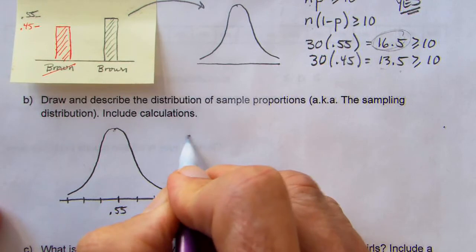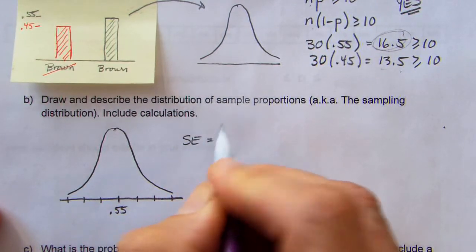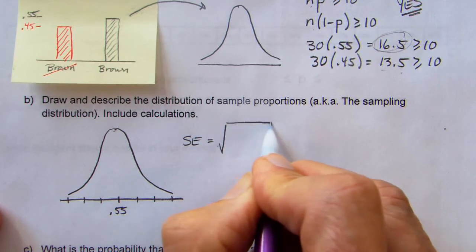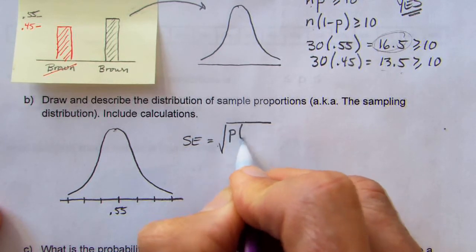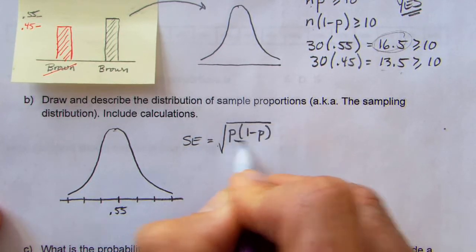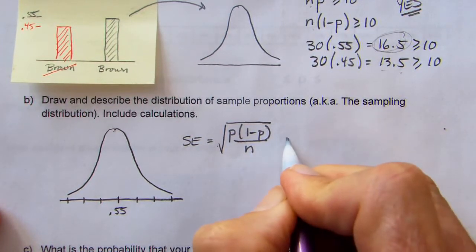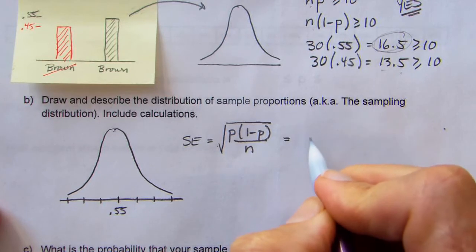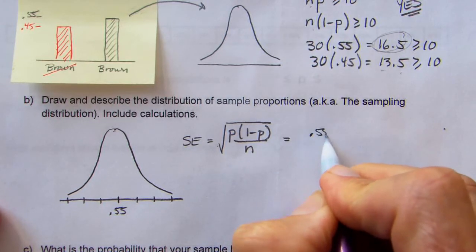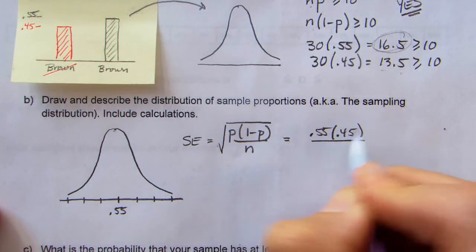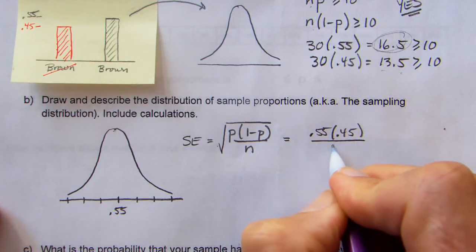The way we find standard error, you might recall, is the square root of p(1 minus p) over n. Working out the details, that would be 55% times 45%, in other words the chance of brown-eyed times the chance of not brown-eyed, over 30.